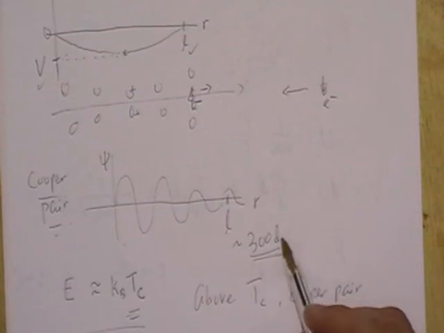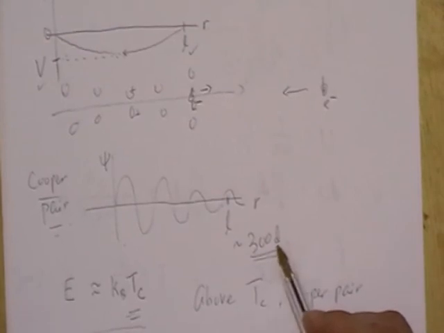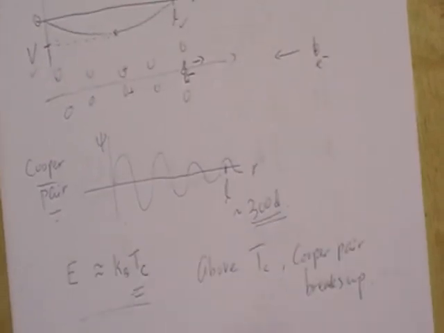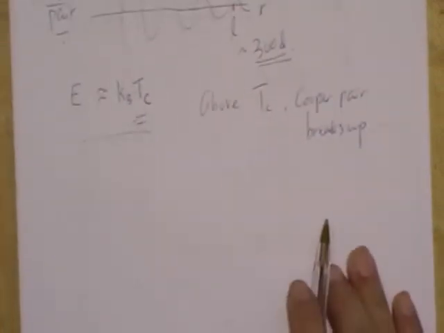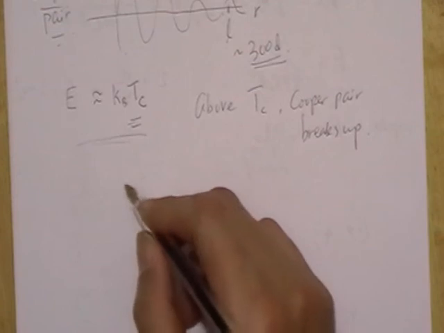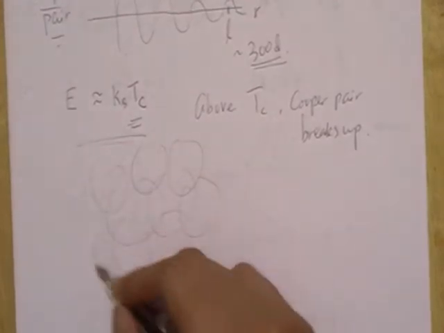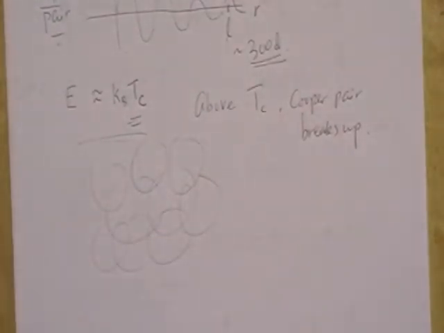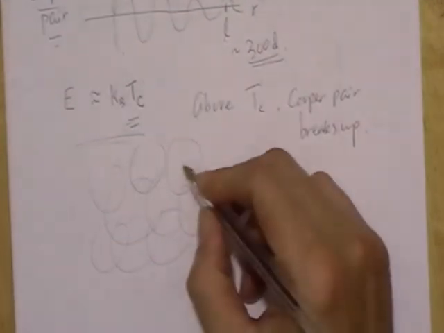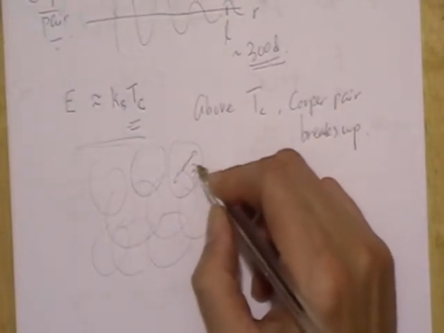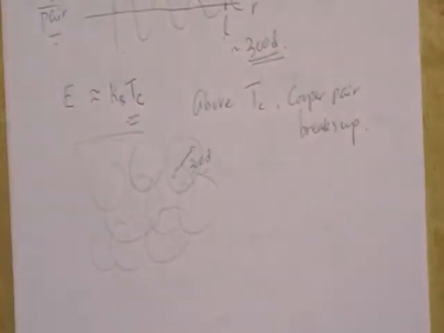So what this means is that we would expect there to be a lot of overlapping of the Cooper pairs. So in that sense, it is as if we have lots of Cooper pairs that are closely packed together, Cooper pairs that are 300 times the spacing between atoms.